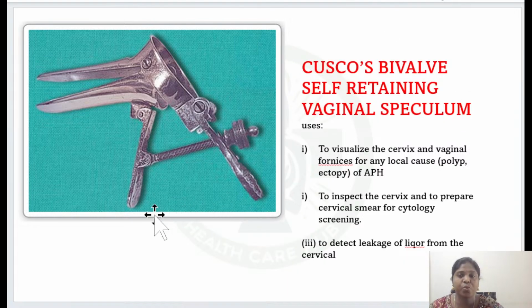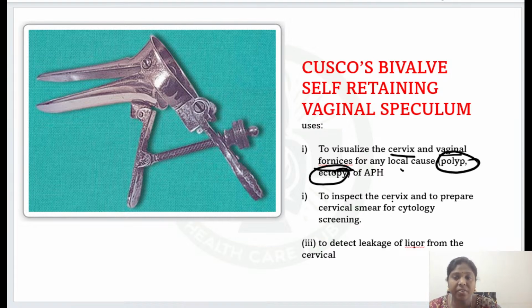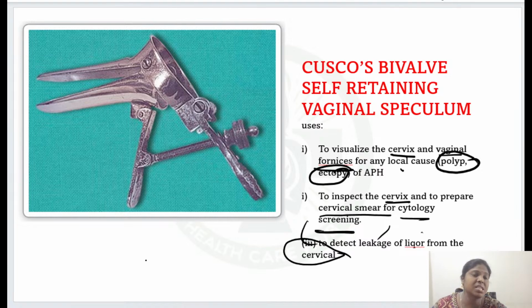It is mainly used to visualize the cervix and vaginal fornices for any local cases, to know any polyp cases or any ectopic pregnancy, to inspect the cervix, to prepare the cervical smear for cytology screening, and to detect any leakage of liquor from the cervical region. So during pregnancy, when labor has started, to detect that, we use this Cusco's bivalve.